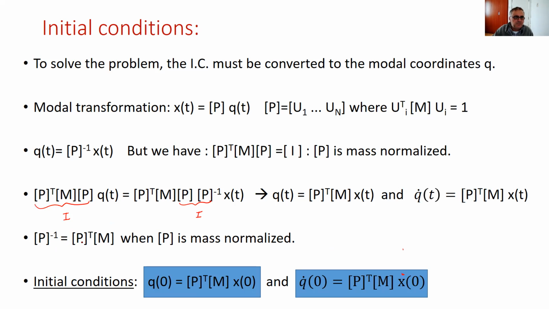So the inverse of the modal matrix is P transpose M, and P is mass normalized. So instead of taking the inverse, you just take the transpose and multiply it with the mass. So the initial conditions for the modal equations are obtained as follows. q of 0 is P transpose M x0. q dot of 0 is P transpose M x dot of 0.